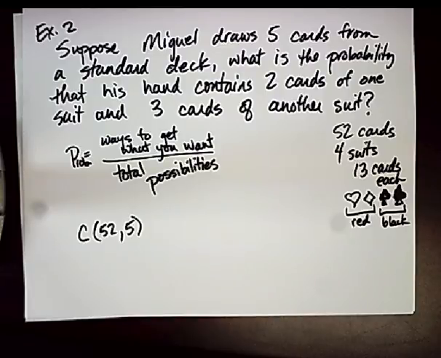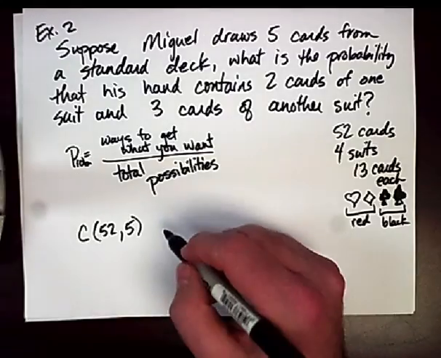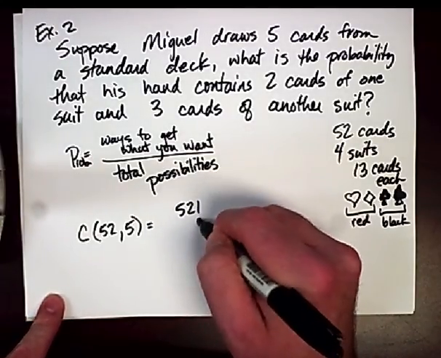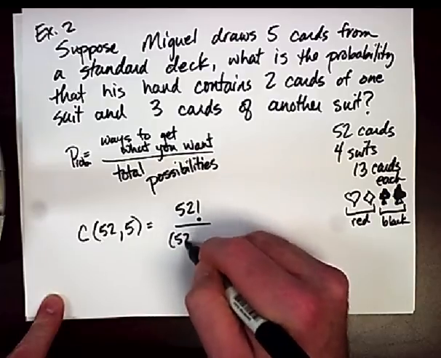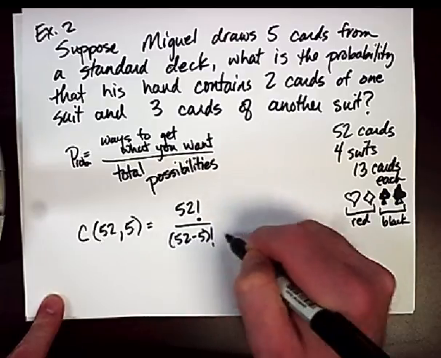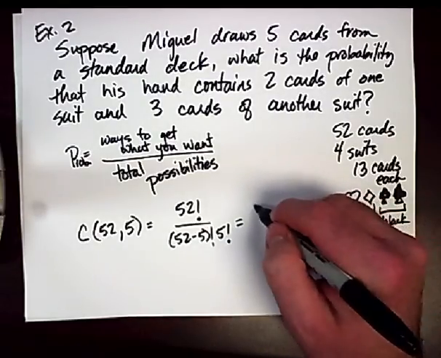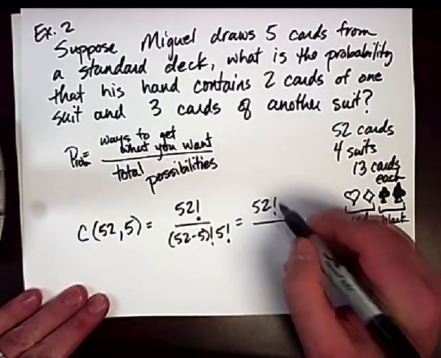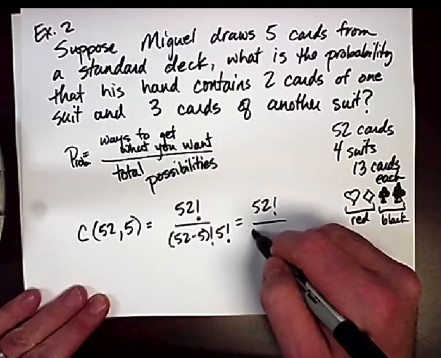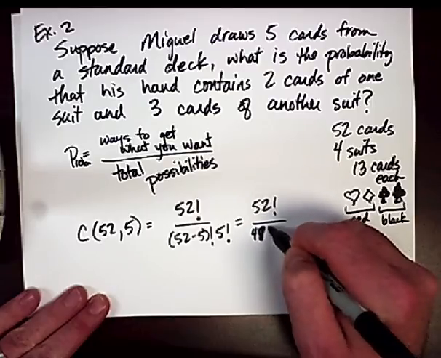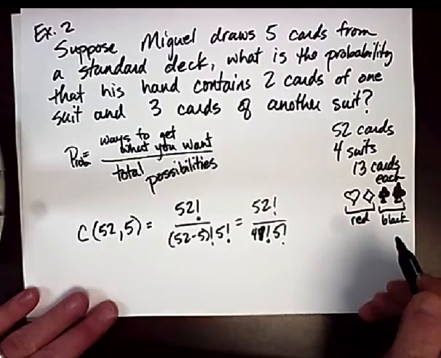All right, if you'll remember back to your combination formula, that equals 52 factorial over 52 minus 5 factorial times 5 factorial. Well, that is 52 factorial over 47 factorial times 5 factorial.